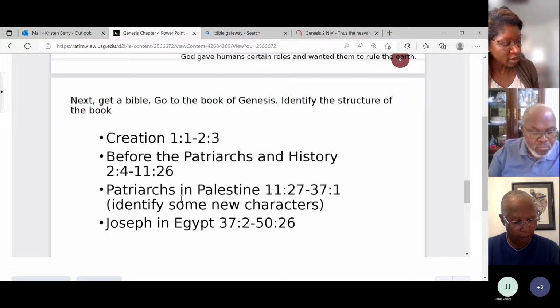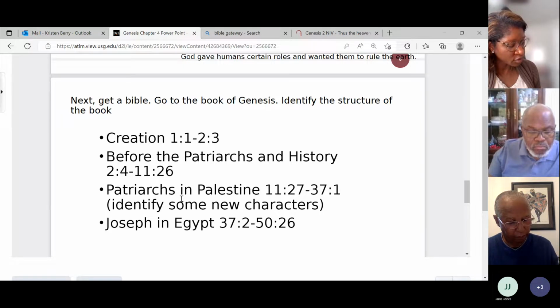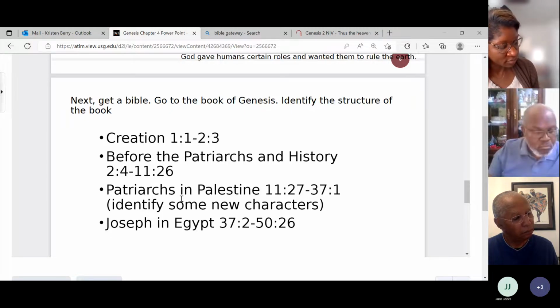Genesis 11 and 27. So we're being introduced to some new characters here.